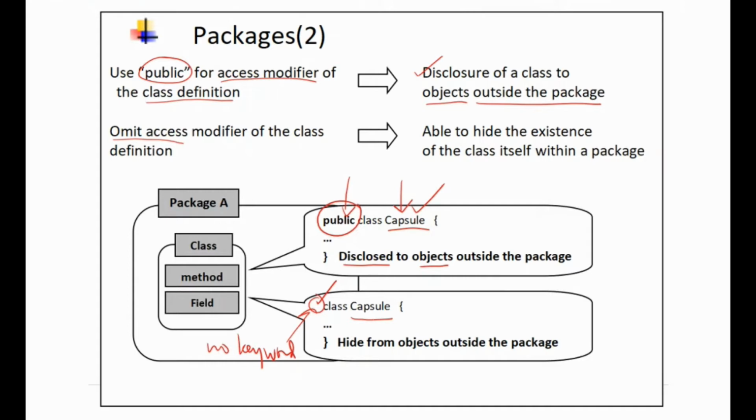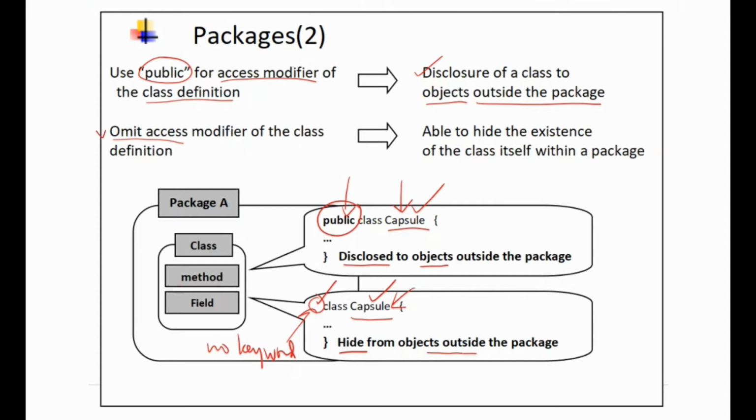In this case, we are hiding this Java class Capsule from objects outside of its package. So this time, Capsule is no longer visible and accessible to Java classes outside of the package of Capsule.